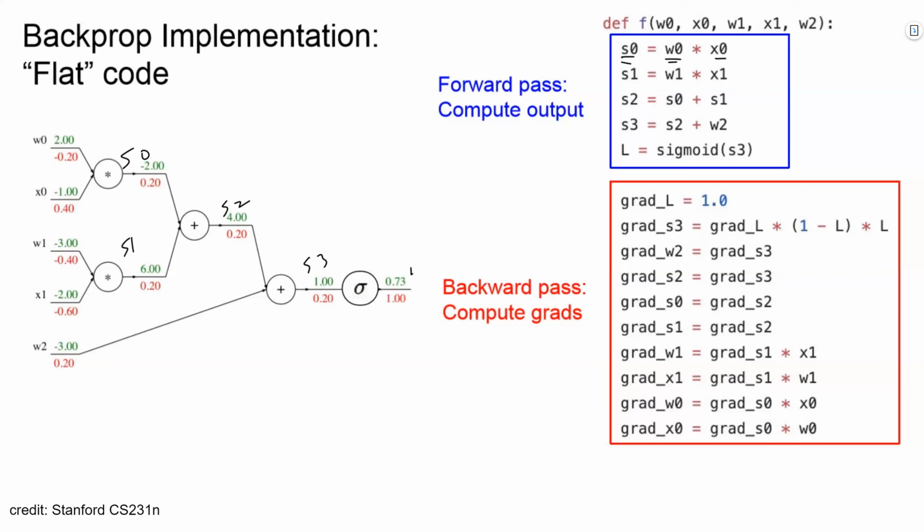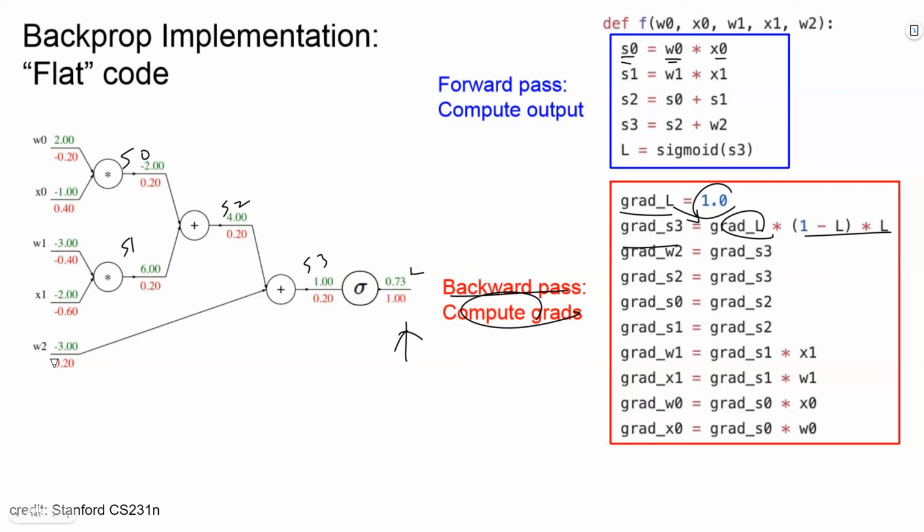And how do you calculate the backward path to compute the gradients? The gradient of L at the last step is 1. It starts from 1. And grad S3 is computed using the upstream gradient and the derivative of the sigmoid function.